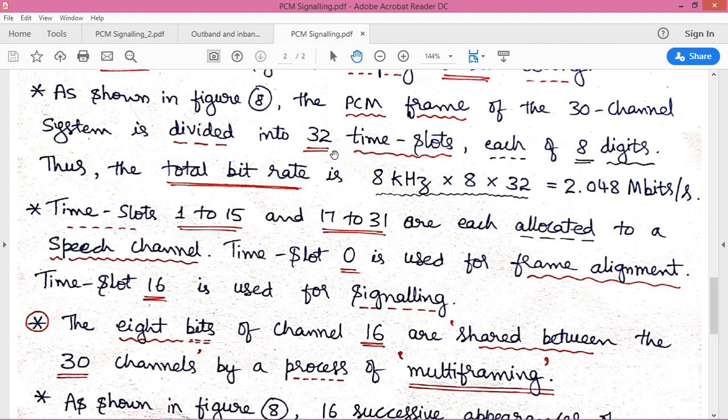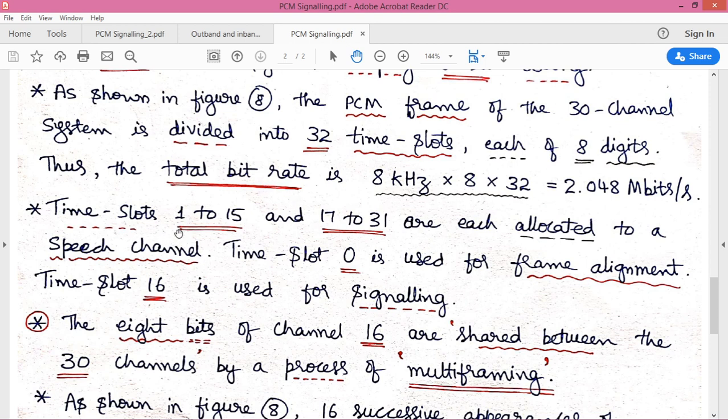Of course, all 32 time slots are of 8 bits, and with this the total bit rate becomes 8 kilohertz, which is the sampling frequency, times 8 bits, times 32 different time slots. So the total bit rate of a particular PCM frame will be equal to 2.048, approximately 2 megabits per second. This is the data rate or bit rate of the PCM frame that is transferred over a particular channel.